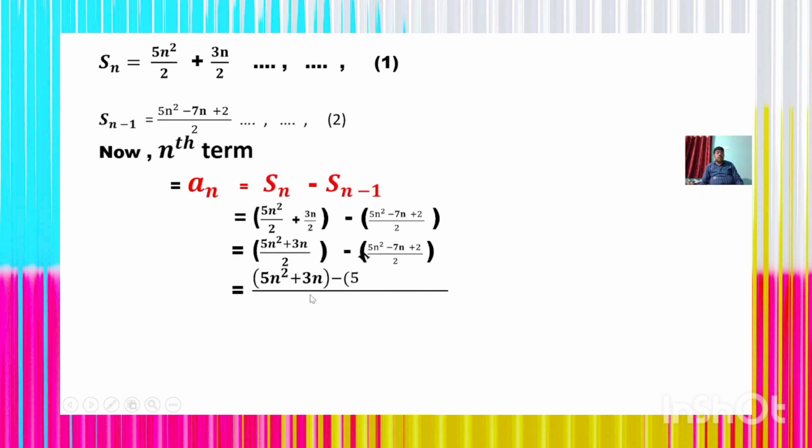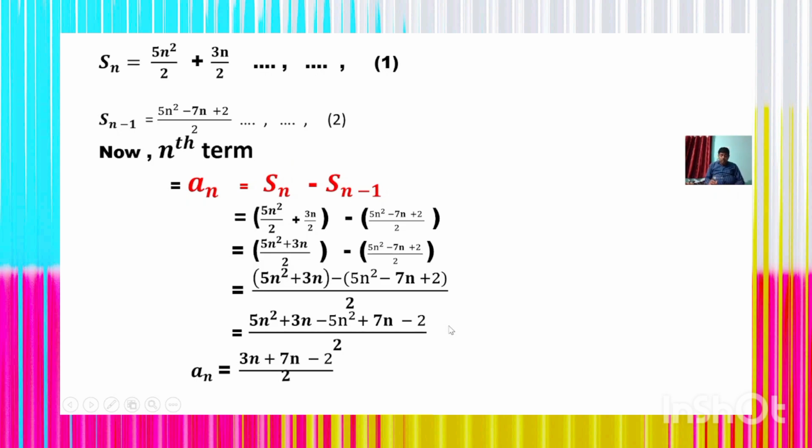Again you can take the LCM of both the expressions. It will be 5n square plus 3n minus 5n square minus 7n plus 2 whole divided by 2. Thus, after removing the bracket, it will be 5n square plus 3n minus 5n square plus 7n minus 2, here minus into minus gives plus, minus into plus gives minus 2.